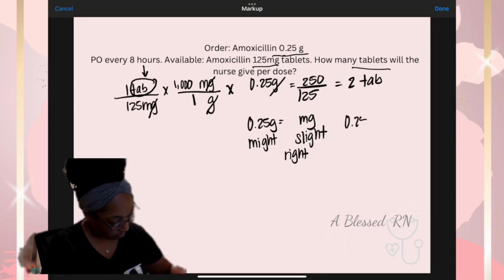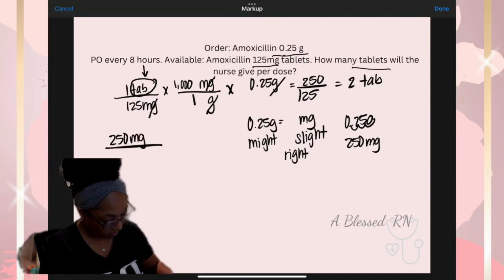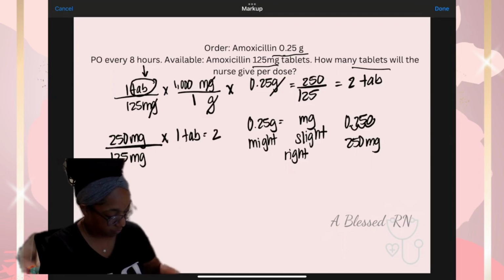So 0.25, 1, 2, 3. Add your 0 in. So that'll be 250 milligrams. Then you can put it in desired over have. You desire 250 milligrams. You have 125 milligrams in a 1-tablet vehicle. And so then that will give you 2. Okay?